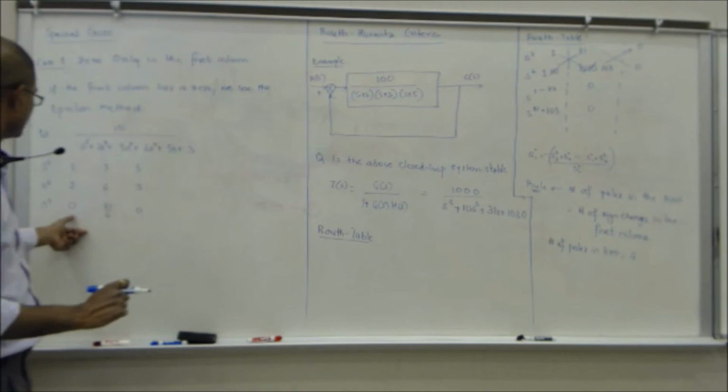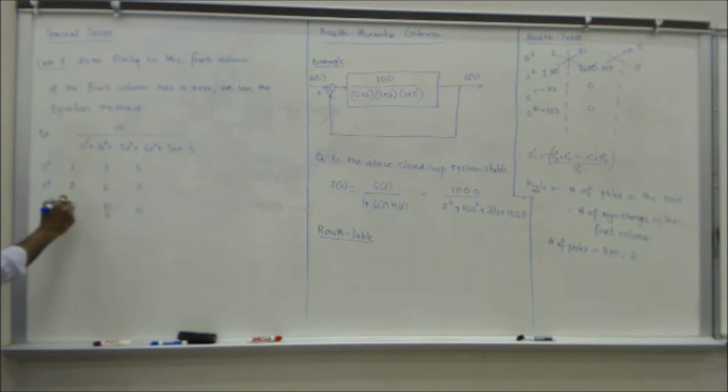So now what we do is we replace this 0 by a very small number called epsilon. So this is what we said, right? If you're looking at, let me name this. Let's say this is A1.